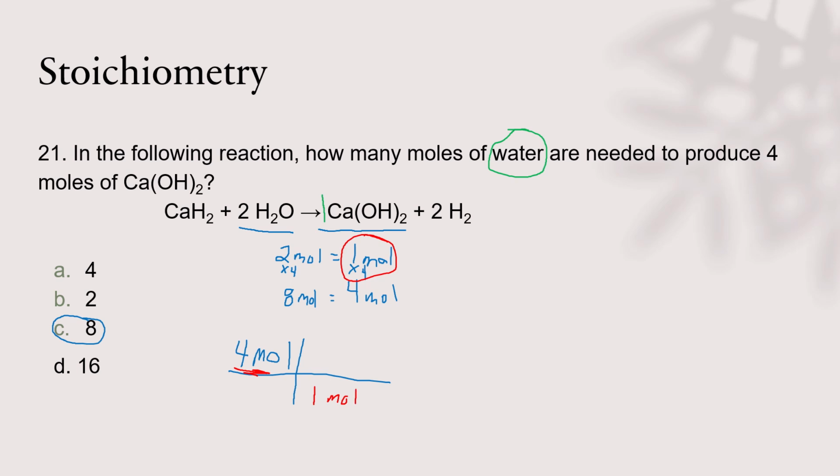And then the 2 moles representing water would go on the top because we're figuring out how many moles of water are needed. That way, moles of calcium hydroxide cancel, leaving us with moles of water, and it gives us the same answer as the previous way I did it, an answer of 8.